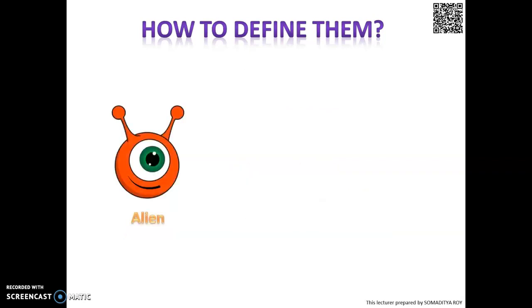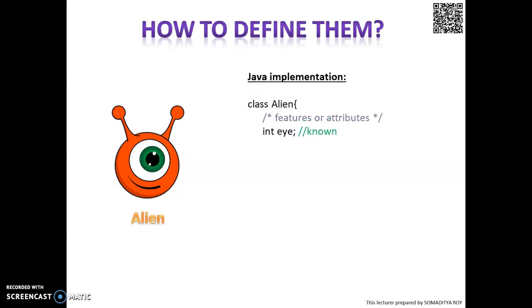Now let us focus on alien. As far as the feature is concerned, alien too has eye, which is known, but we have no idea about the gender, so we are not going to include that. Now what about the job? As far as the write is concerned, we have no idea about that particular method, so we are not going to include that.